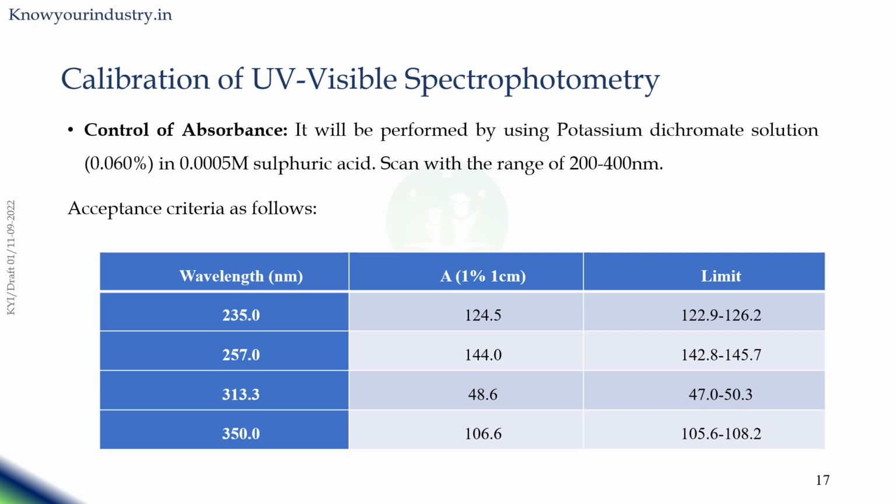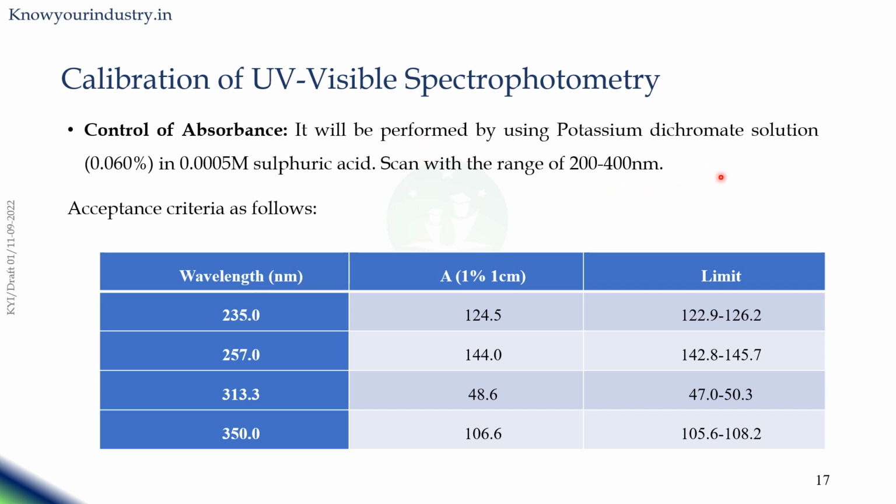In this slide, we are going to see how a control of absorbance will be carried out during a calibration of your UV visible spectrophotometer. The control of absorbance will be carried out by using potassium dichromate solution 0.06% in 0.0005 molar sulfuric acid, and this solution will be scanned through the UV range of 200 to 400 nanometer.